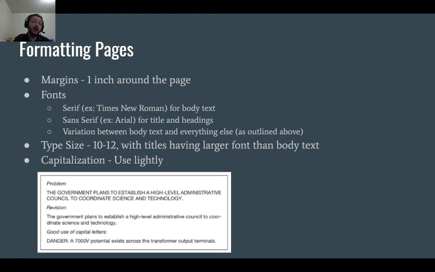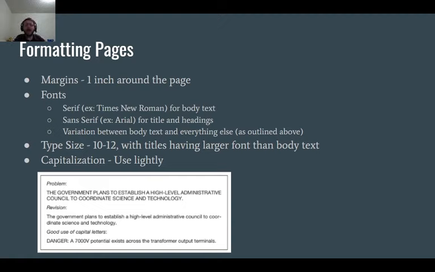Typically not so much with the body, but with titles, you can change the fonts here and there. I would stick with the sans serif type fonts like Arial, and then other fonts, maybe Calibri, and those are fine. You can kind of change them here and there. You can italicize, you can bold, just whatever you feel your document needs.